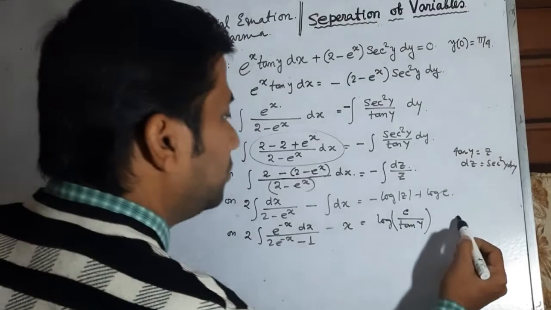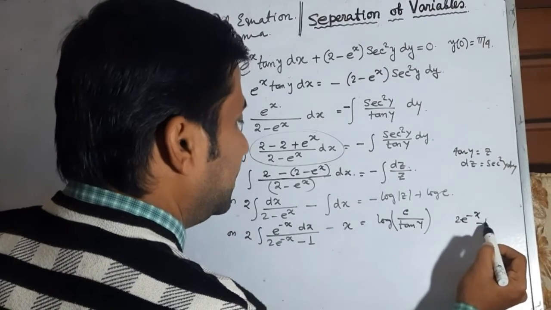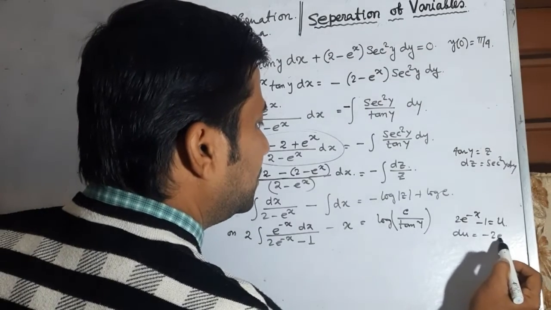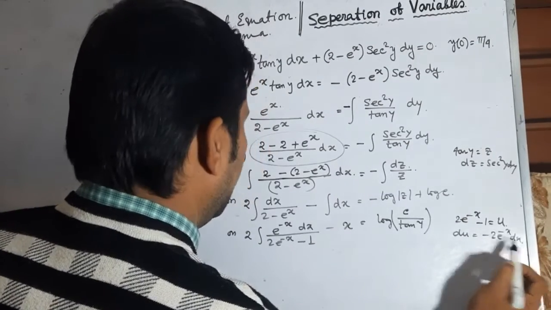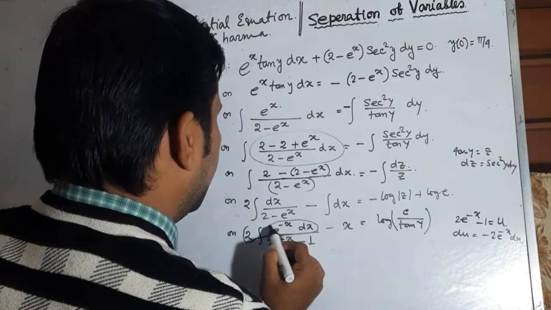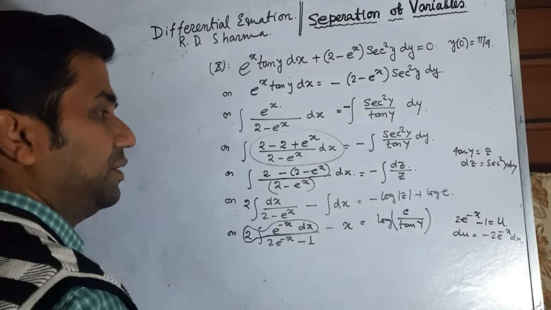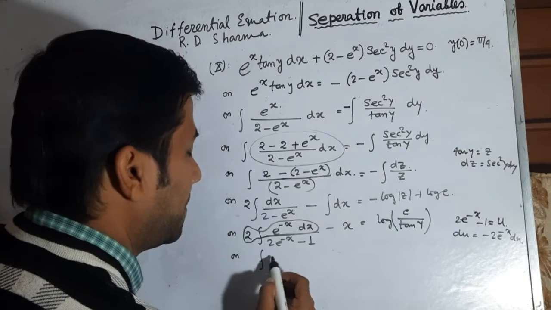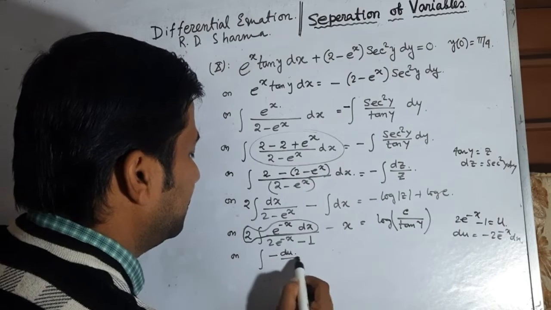Now 2 e to the power minus x minus 1 is equal to u, then du is equal to minus 2 e to the power minus x dx, then you get 2 e to the power minus x dx means minus du, or this is minus du by u.